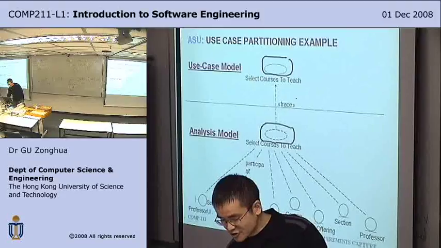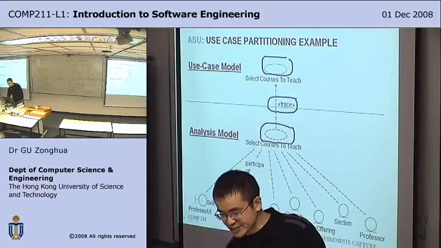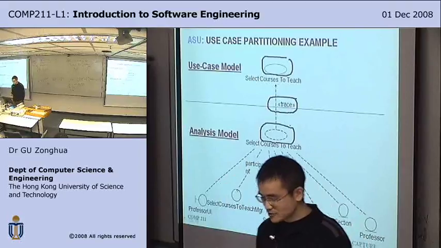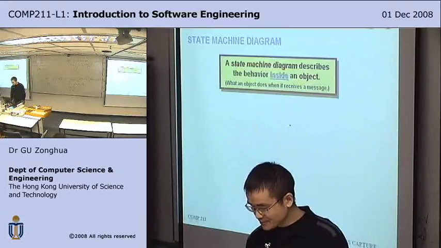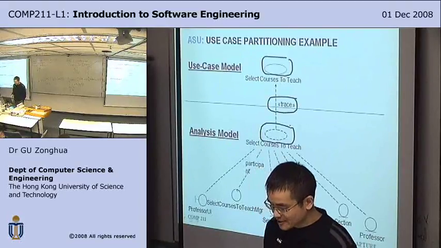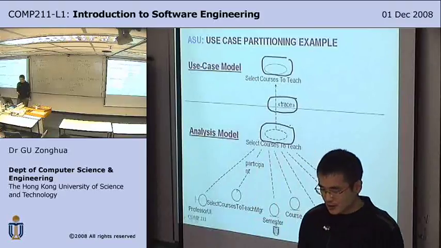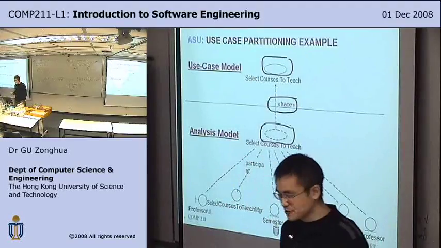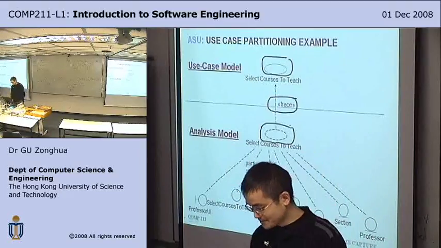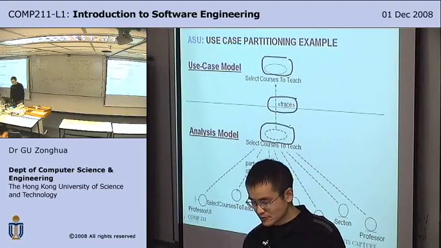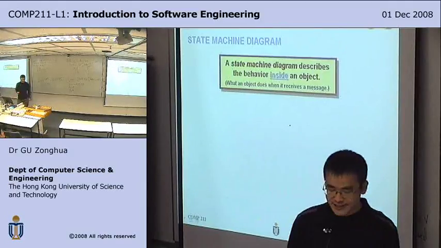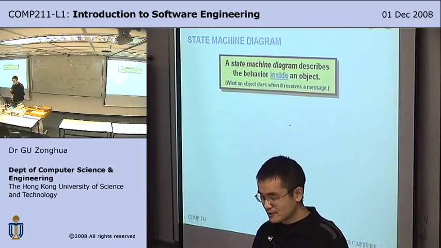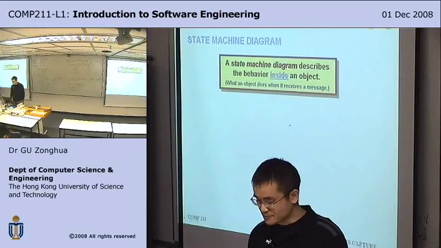So you should have a trace relationship between them. You should have traceability, meaning that for any analysis class, you should point to it and say which use case it is for. That's why the UML unified process is use case driven. Use case is in the middle, if you remember, and you have other views, the 4+1 view.